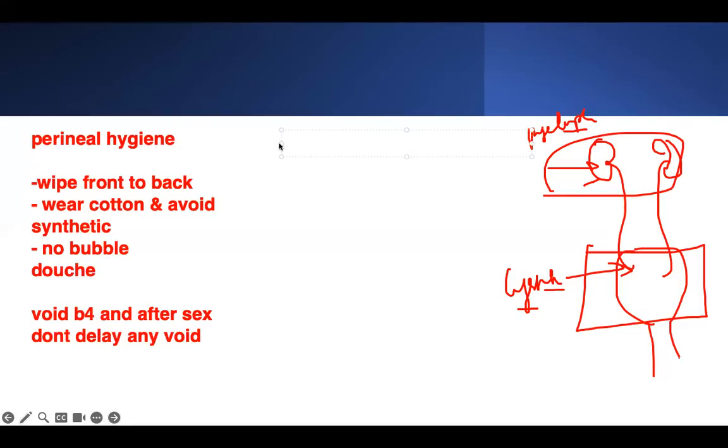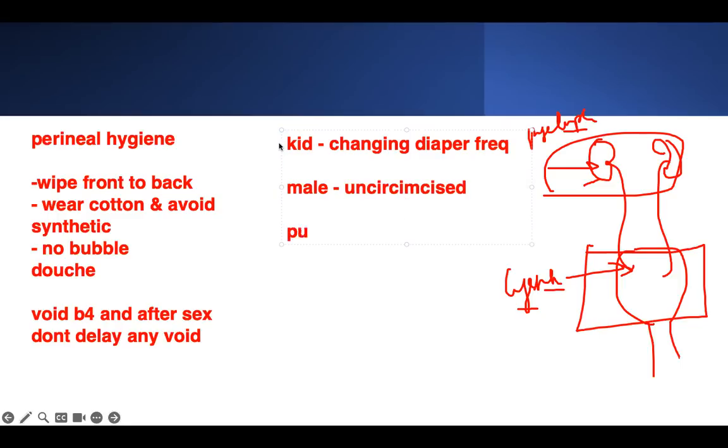If it's a kid, make sure you're changing the diaper frequently when it's wet. If it's a male and is uncircumcised, they have to pull back the foreskin so that they can clean it every time. It's very, very important.